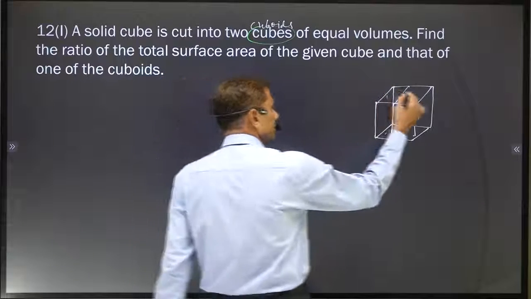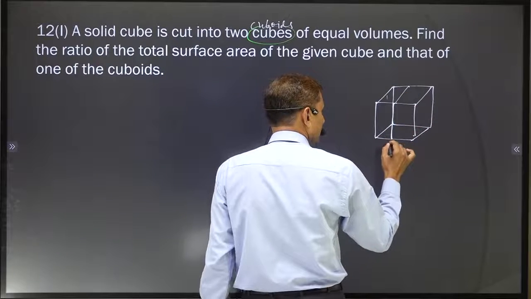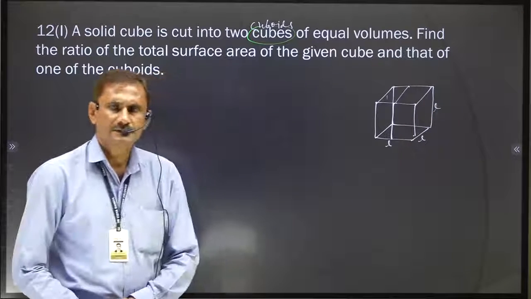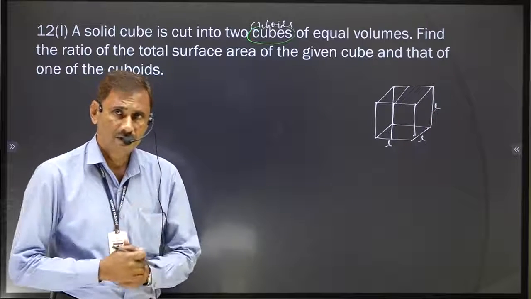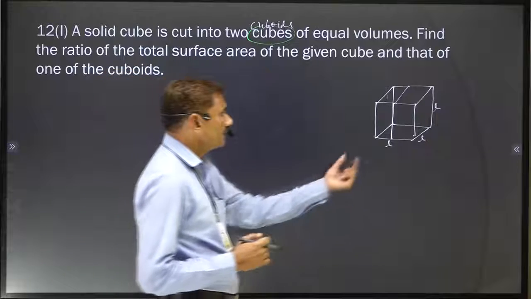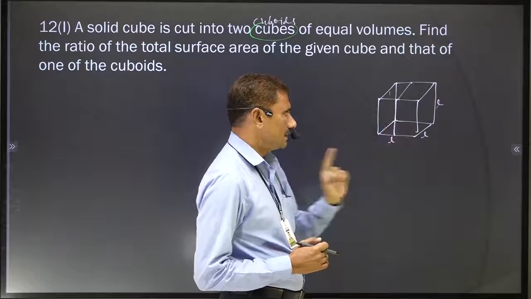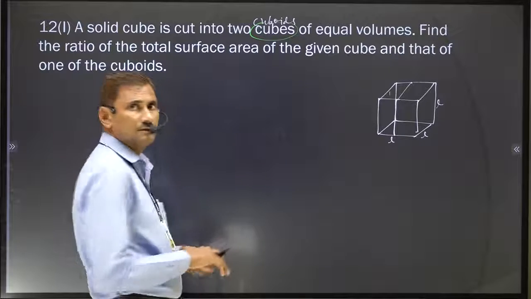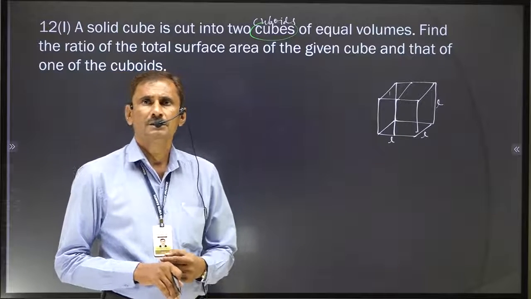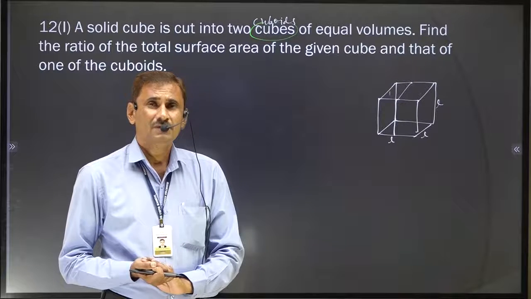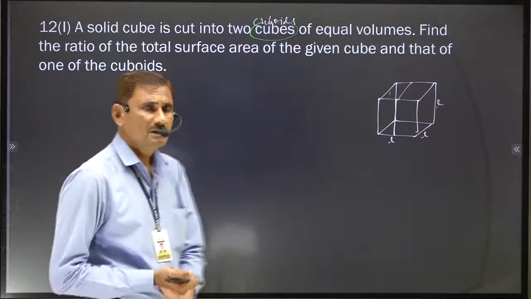Suppose every side of the cube is L. In the cuboid, one dimension becomes L by 2. Breadth will remain L, height will also be L, but the length becomes half.